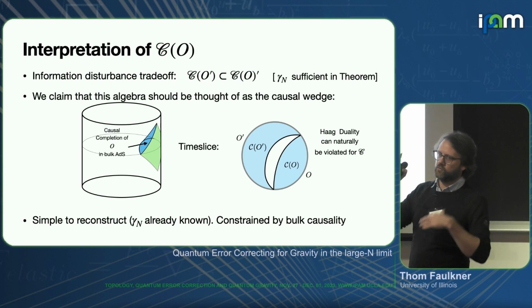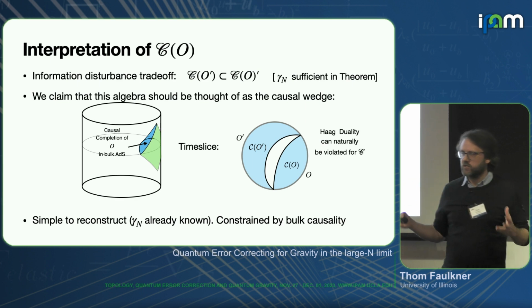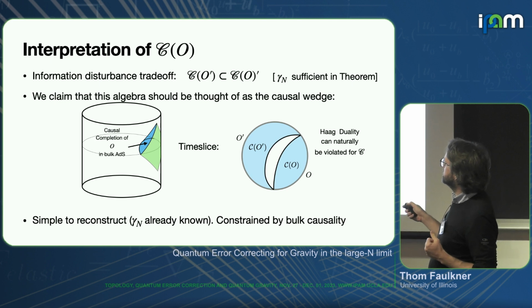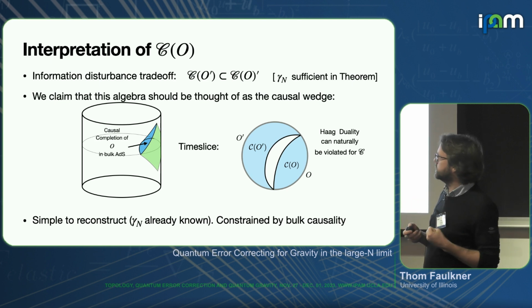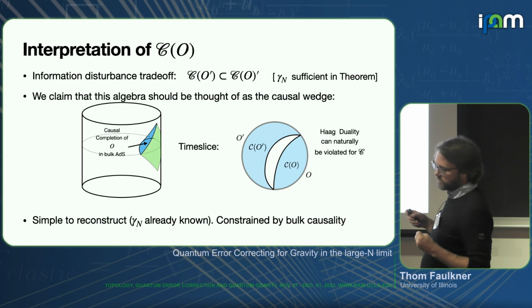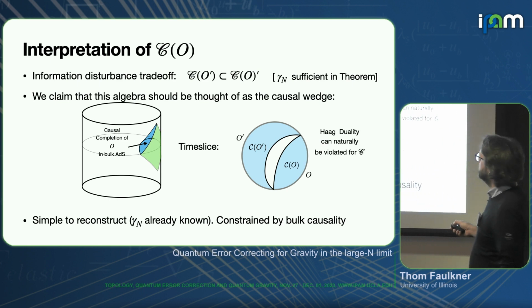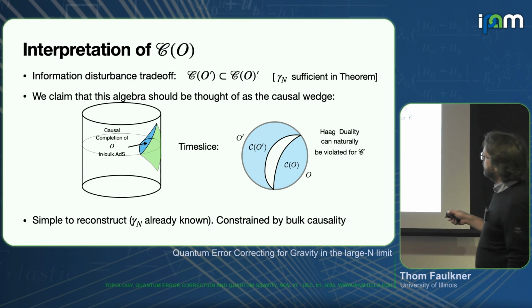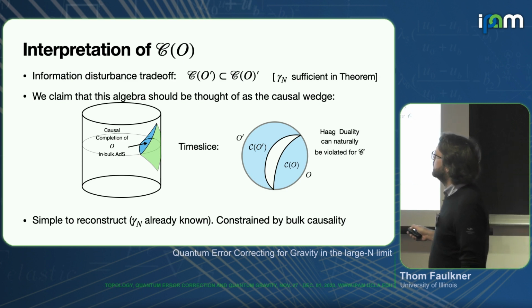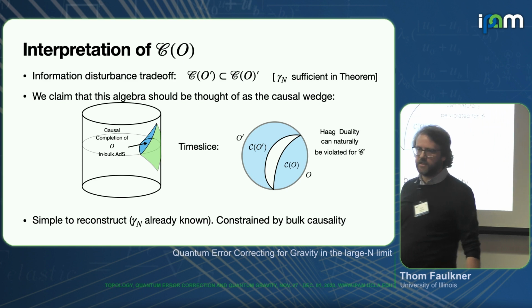In principle, this thing should emerge for us, and in some sense, it has emerged for us, these C of O. This is the general description of the causal wedge. But now let me give you a picture in the actual AdS/CFT. So in AdS/CFT, we have this boundary region O, which is the green region. We can compute its causal completion in the bulk.